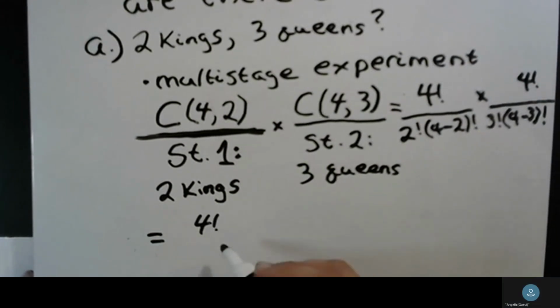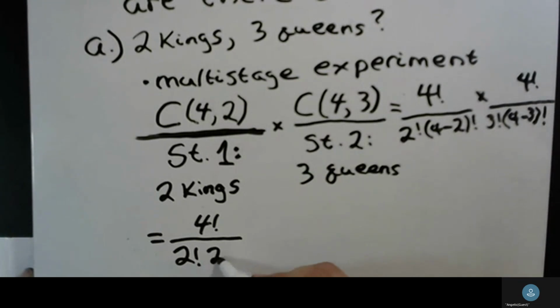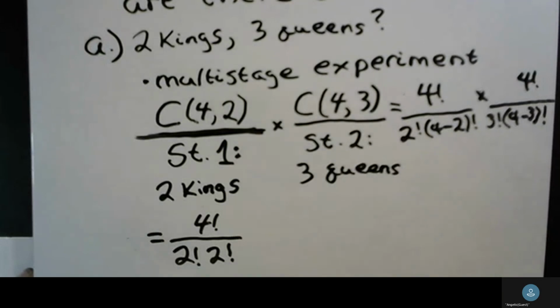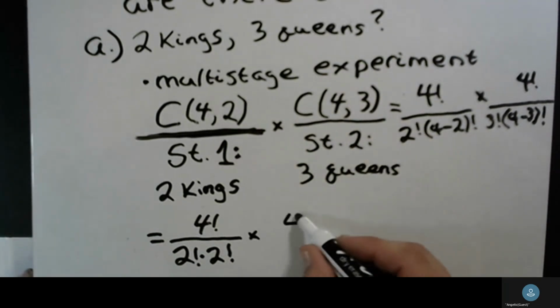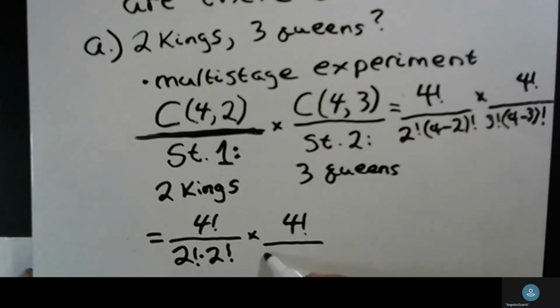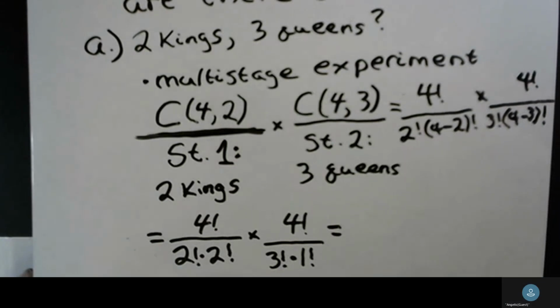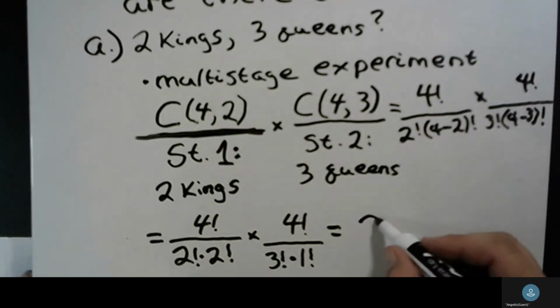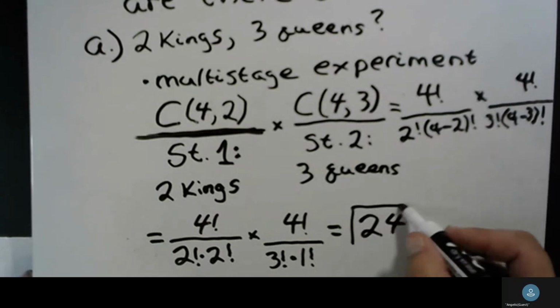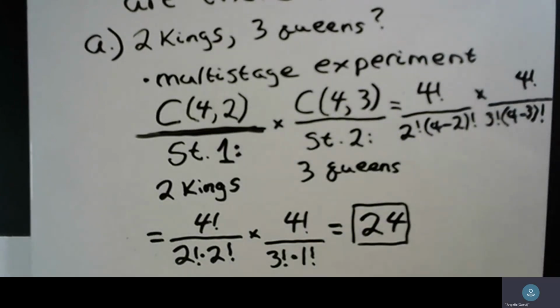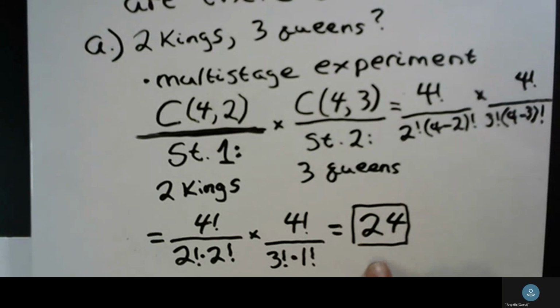So we get 4 factorial over 2 factorial times 2 factorial, times 4 factorial over 3 factorial times 1 factorial. And if you simplify this down, you're going to get 24. So there are 24 ways of choosing 2 kings and 3 queens.